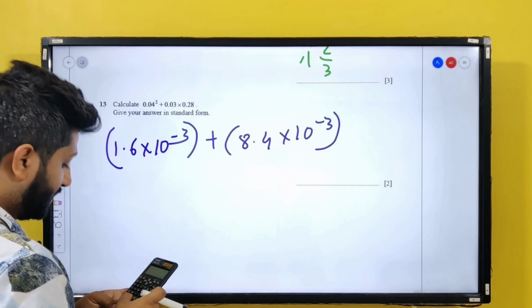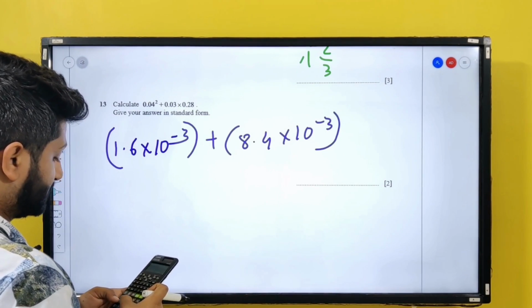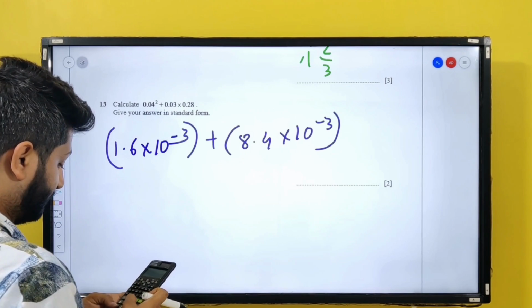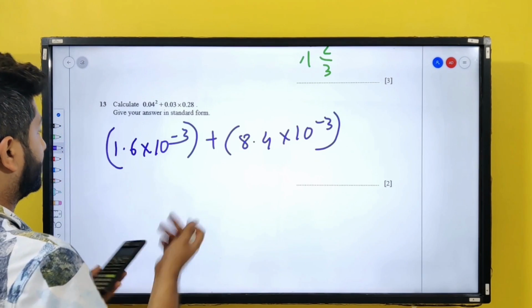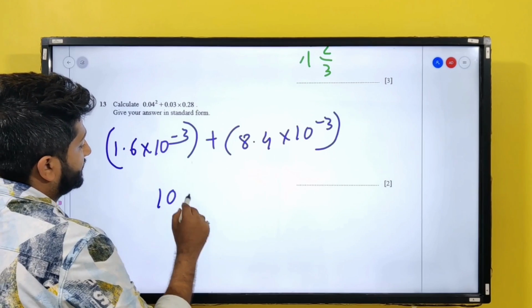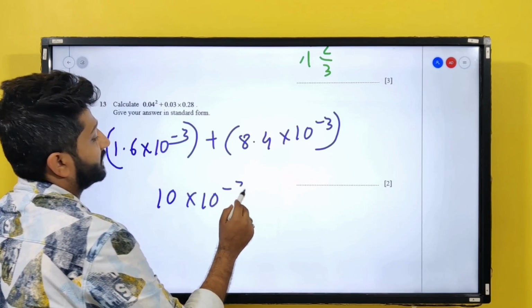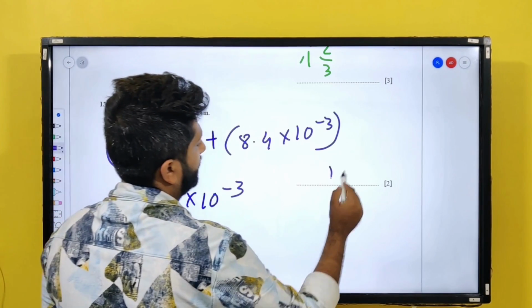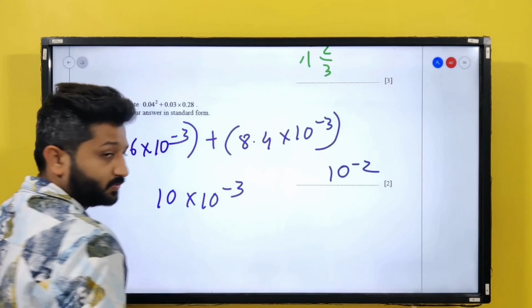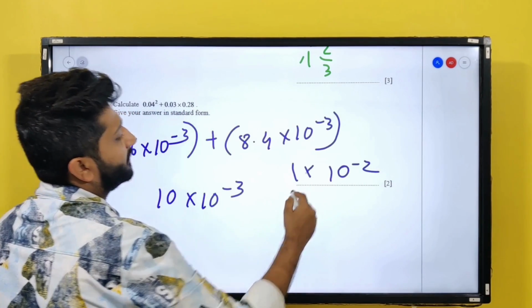Now if you add 8.4 plus 1.6, you will get 10. So my answer is 10 into 10 power minus 3, which is nothing but 1 into 10 power minus 2.